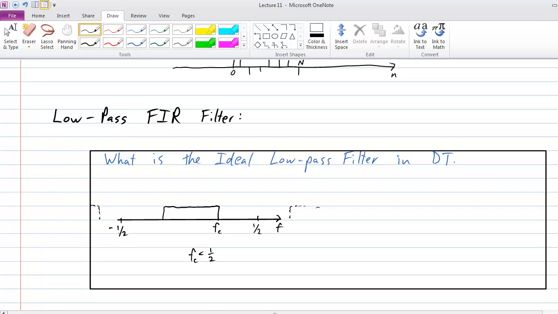So if we do the inverse Fourier transform, we actually get exactly the same sinc function back, except for its discrete time. So it's going to be something like this. And so it's like a sampled sinc function.